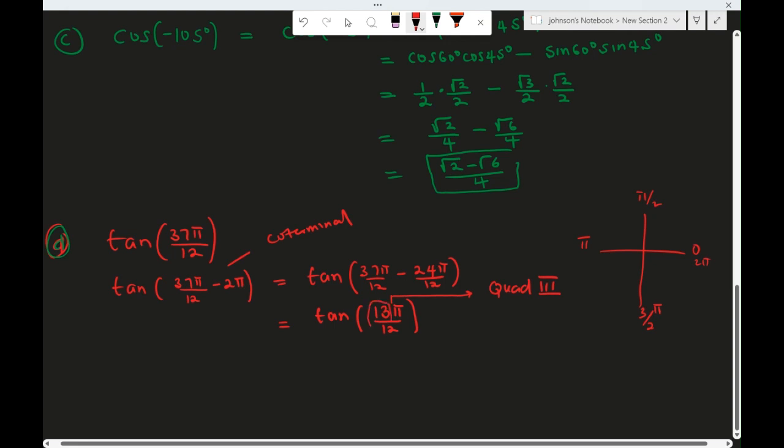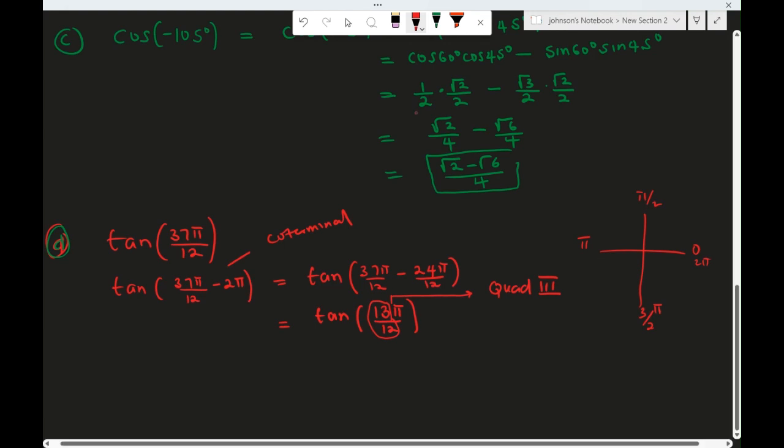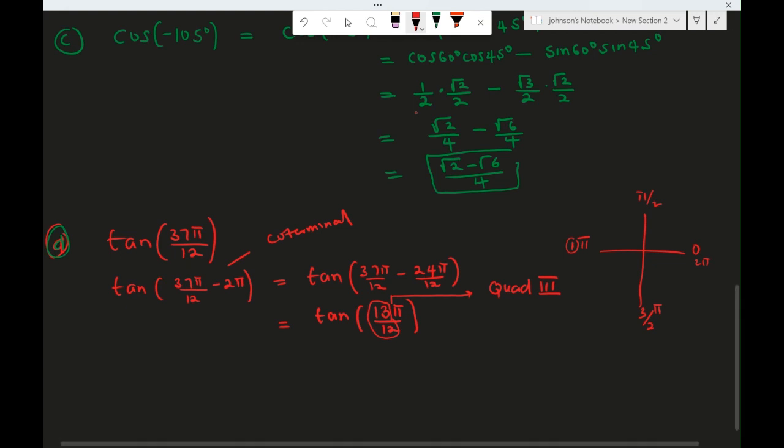So you see, since the coefficient here, 13 by 12, is greater than 1, it's either you are here or you are in the fourth quadrant. But now you can decide to compare 13 by 12 and 3 by 2, which is this one.